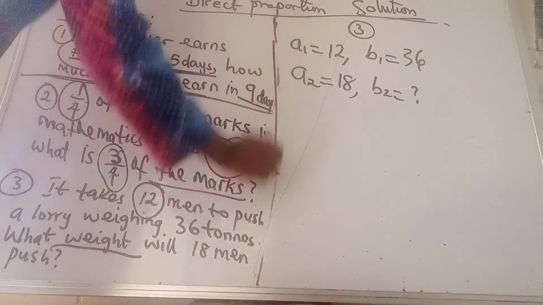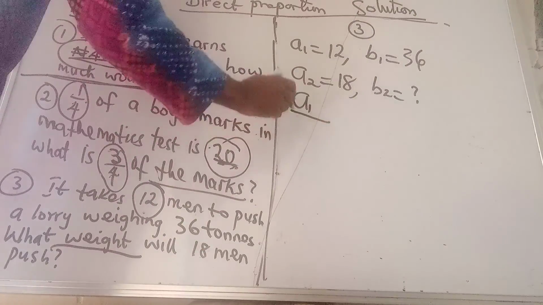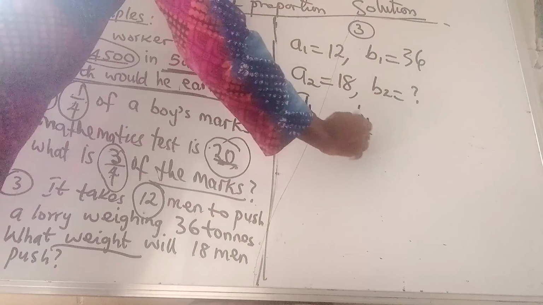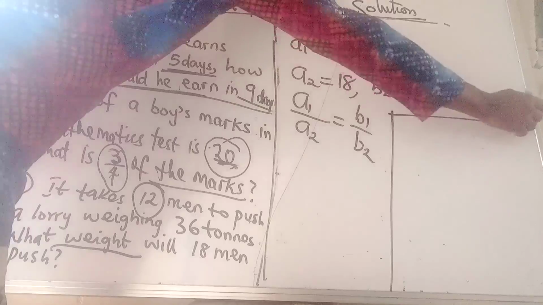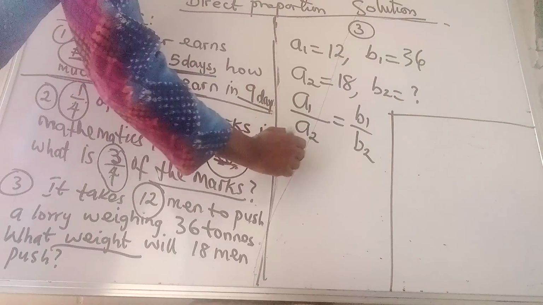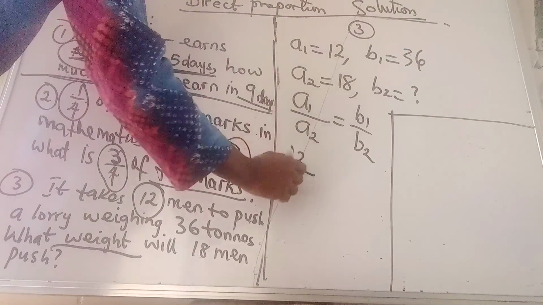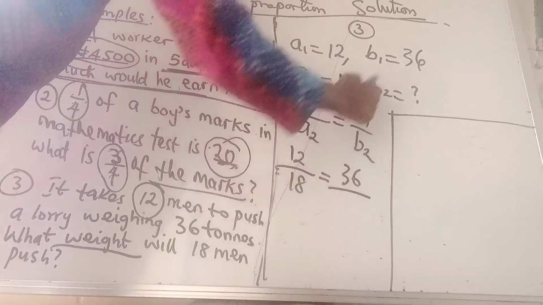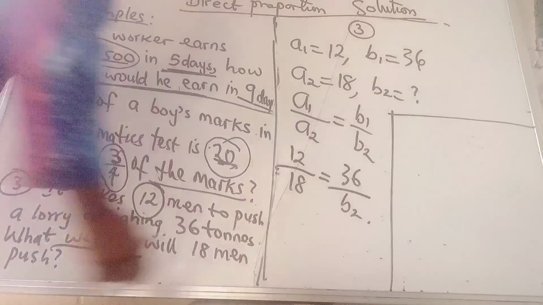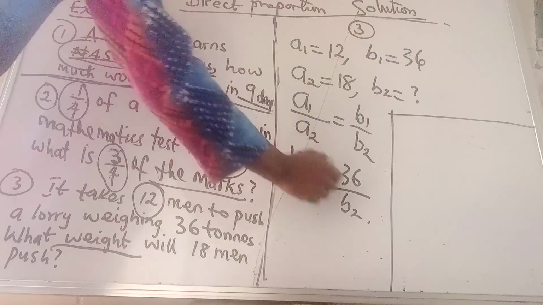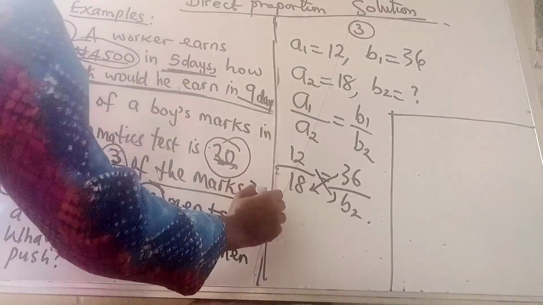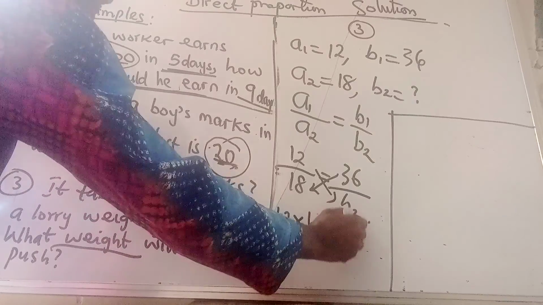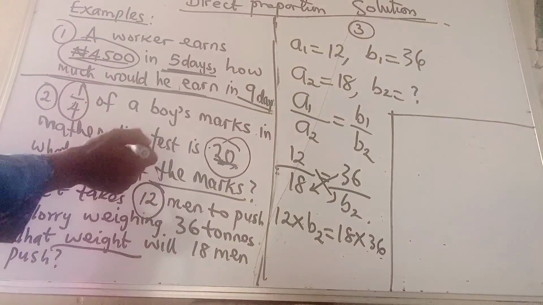So using the formula, A1 over A2 is equal to B1 over B2. A1 is 12, A2 is 18, B1 is 36 over B2 we are looking for. By cross multiplication, we have 12 times B2 equals 18 times 36.